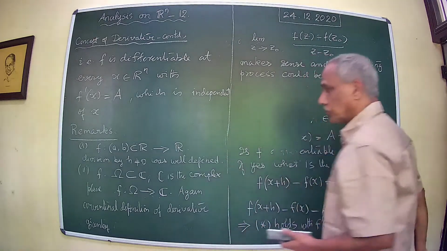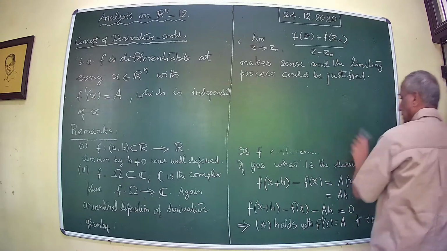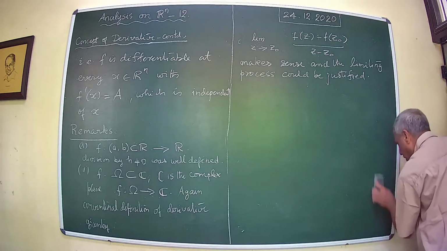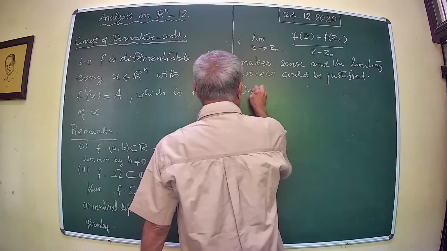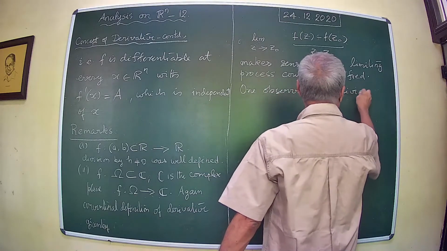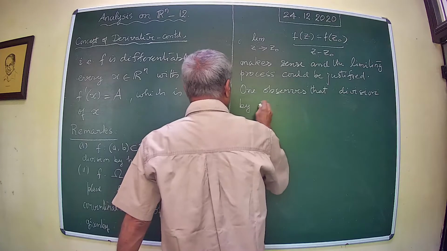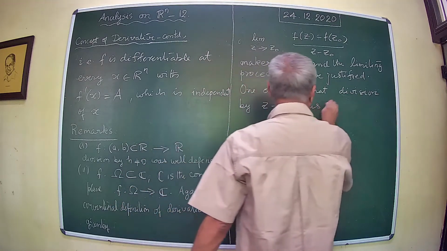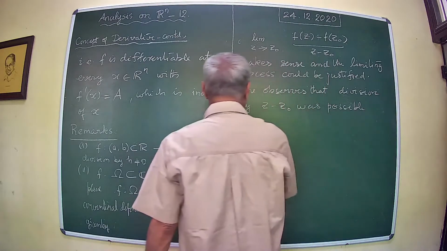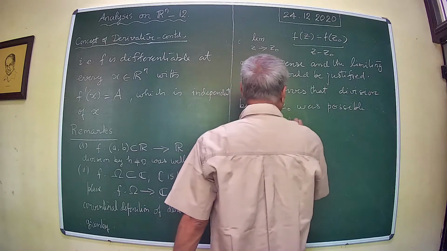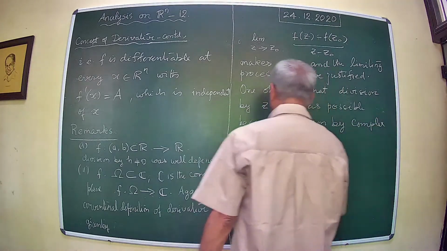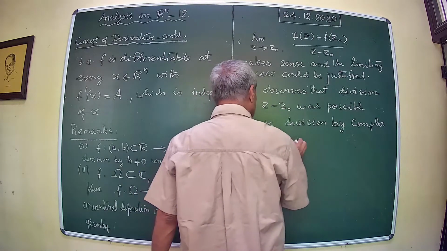So the idea sails through to complex functions of a complex variable without any effort, and you see that the division made sense there because division by complex numbers was possible. This is very important.